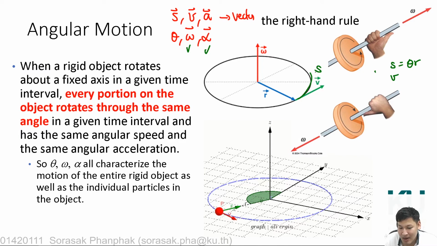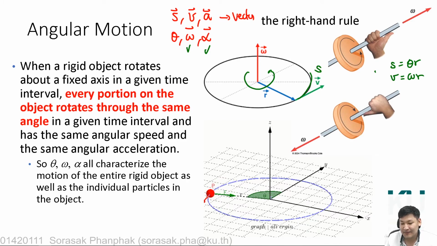V is the way you differentiate S by dt, so that you have V tangential here. And you also differentiate theta here, and you have omega r. So that means you have the relation V equals omega r. So if you wrap your hand in the way V moves around this plane, the thumb that you push upward is the direction of omega.